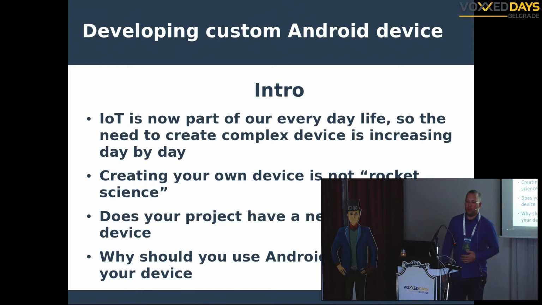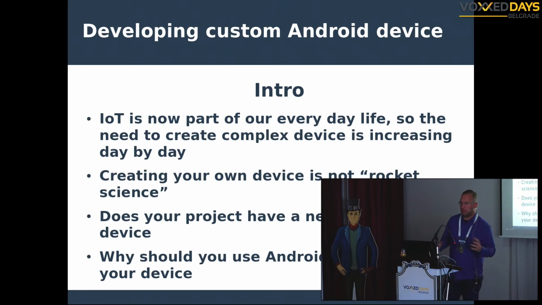Okay, so as we look at today versus 10 years ago, the Internet of Things is becoming more and more a part of our everyday life. Now you have devices in fridges, in washing machines, as home automation devices in your home.